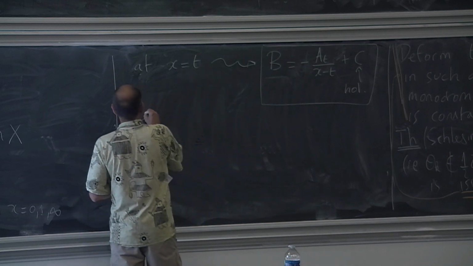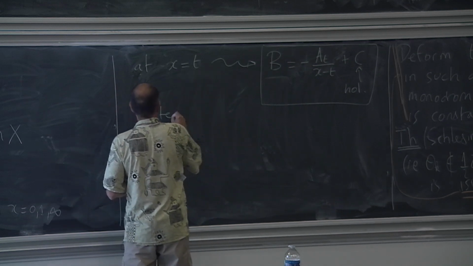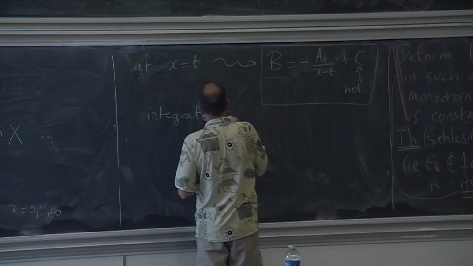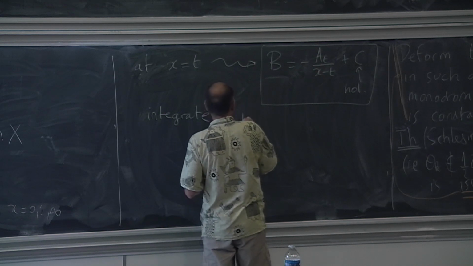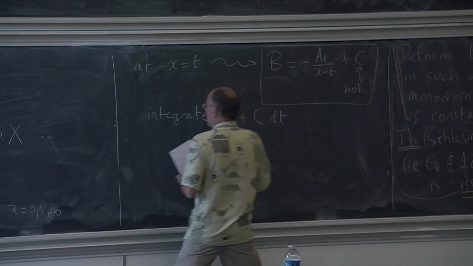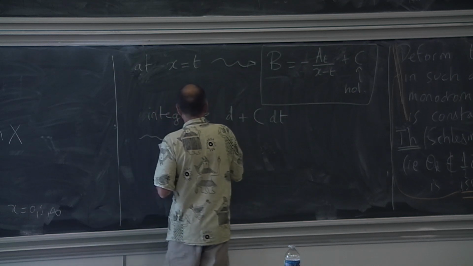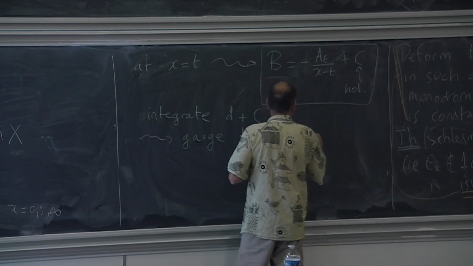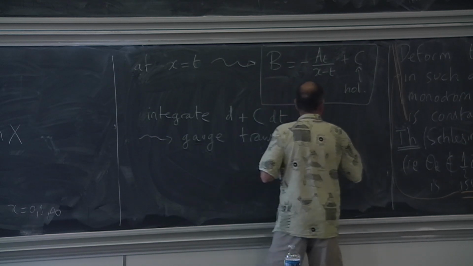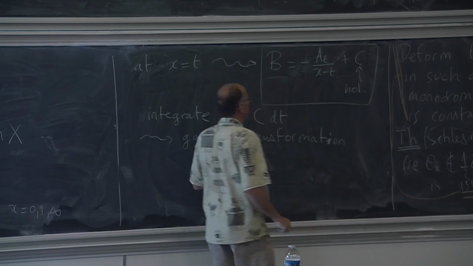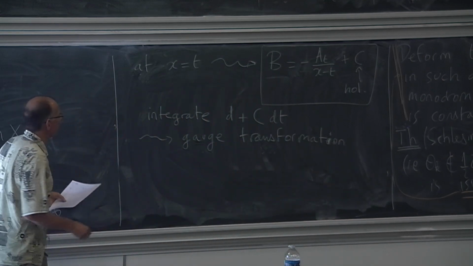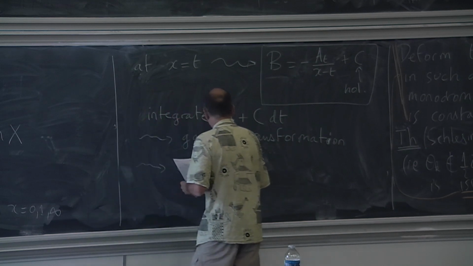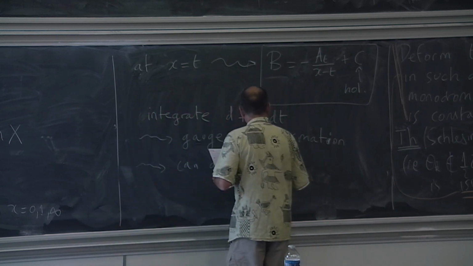Then you can integrate. You use this as a connection, so you integrate d plus C dt, and you obtain a fundamental solution that you use as a gauge transformation. And then in this way, you can assume C equals 0.